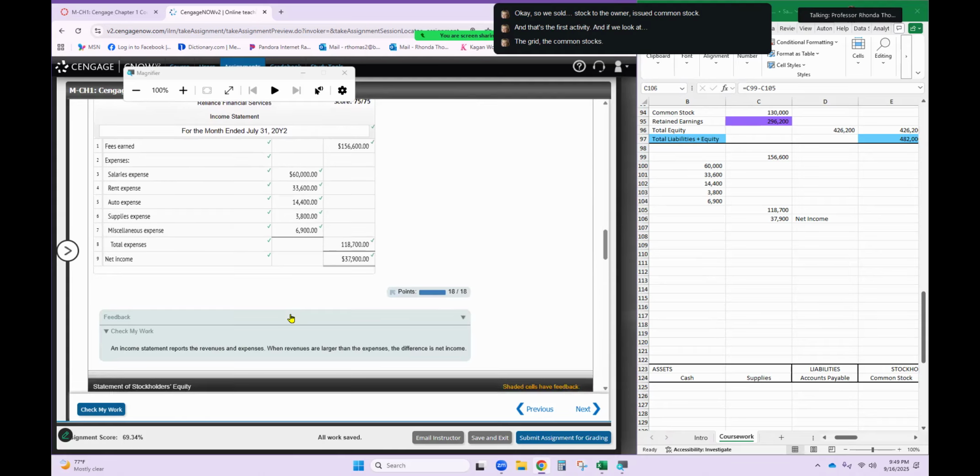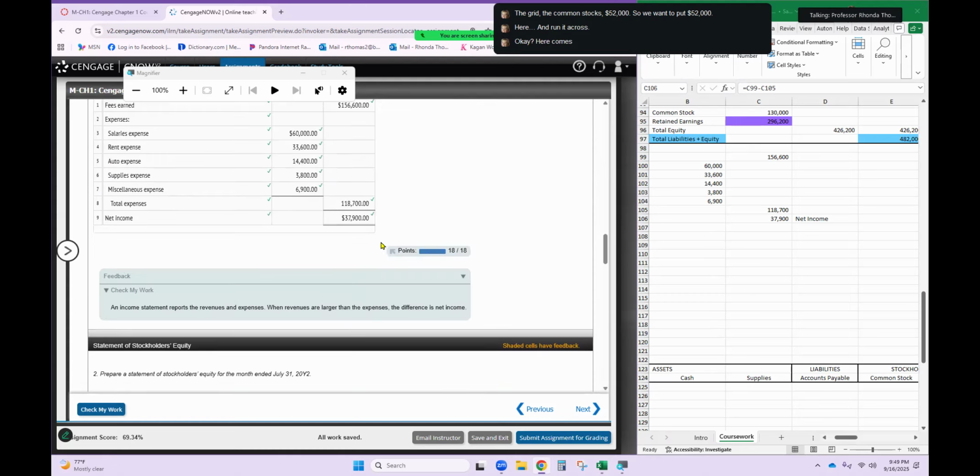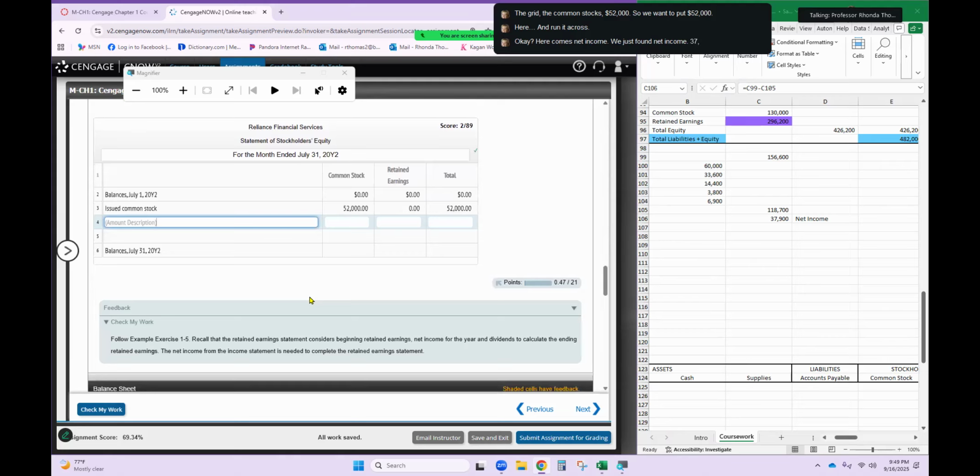So we want to put 52,000 here and run it across. Okay. Here comes net income. We just found net income, 37,900. Net income increases retained earnings.